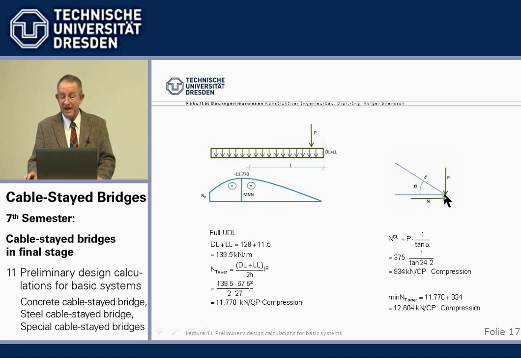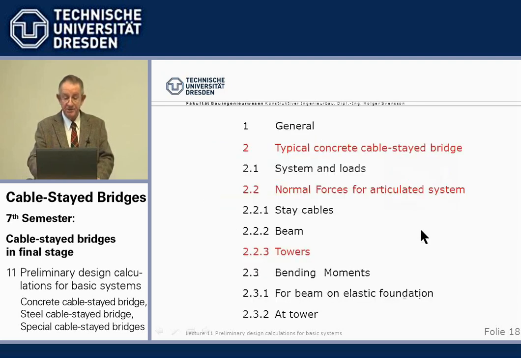We can add the component from the track load, from the concentrated load. Of course, if we have this vertical, we have to use the tangent, the tan alpha, but that's a very simple relationship.